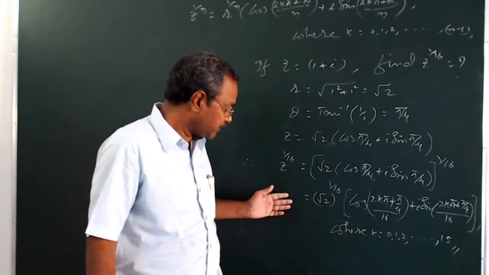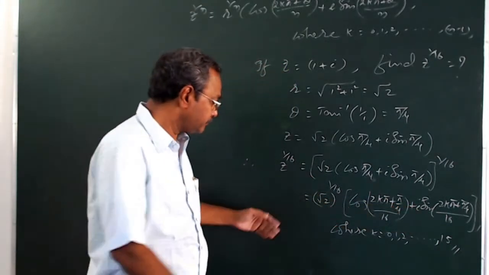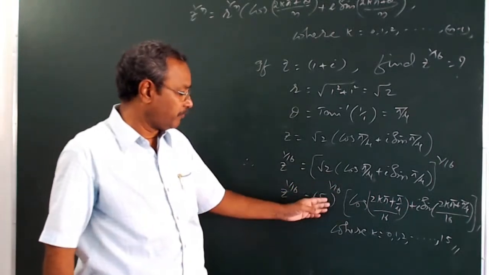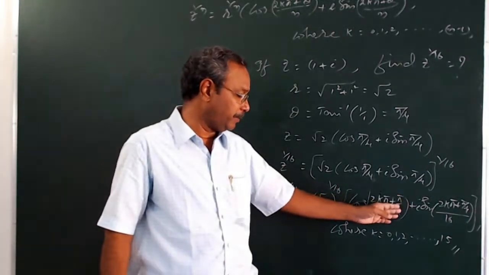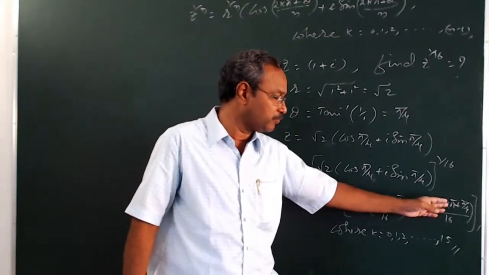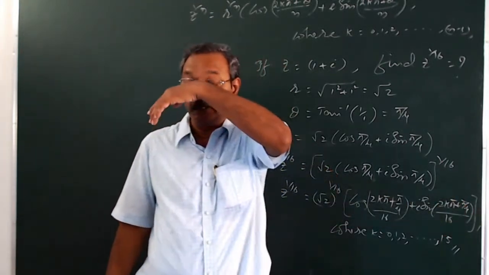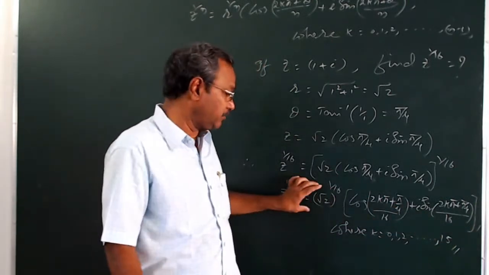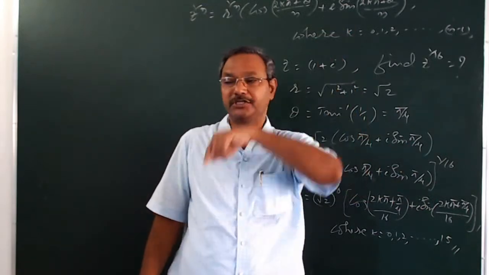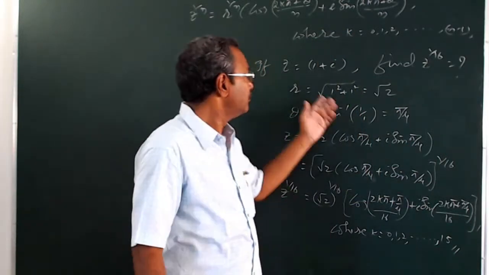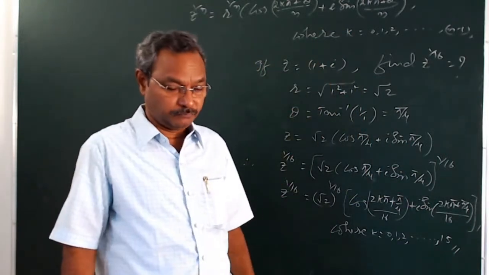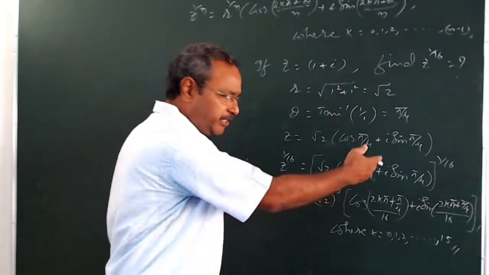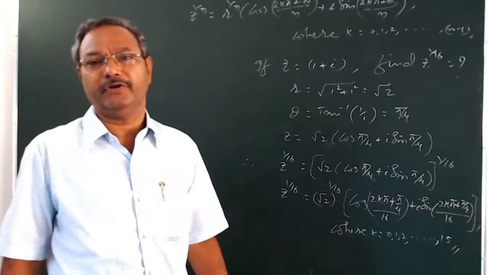So this single equation, z to the power of 1 by 16 is equal to root 2 to the power of 1 by 16 into cos of 2k pi plus pi by 4 by 16 plus i sin of 2k pi plus pi by 4 by 16, where k takes these values, lists out all the 16th roots of the complex number. Let's look at the 16 roots individually, separately.